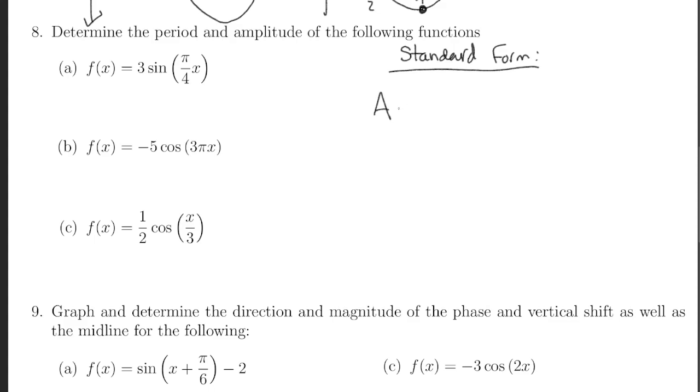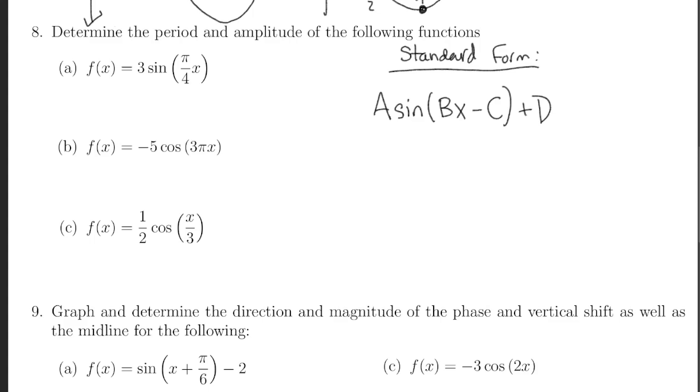A letter A, or a number A, times the sine of bx minus c plus d. This is what's called the standard form.